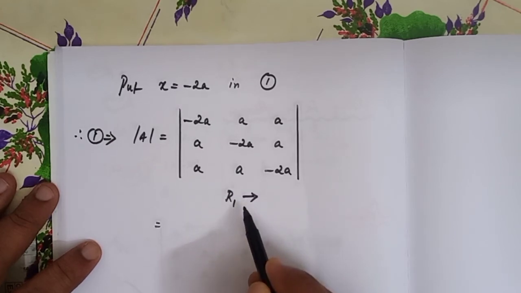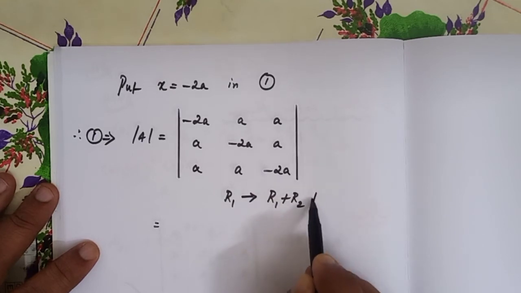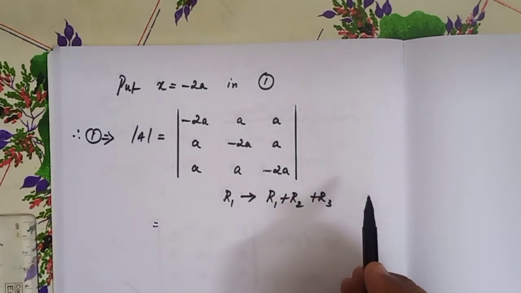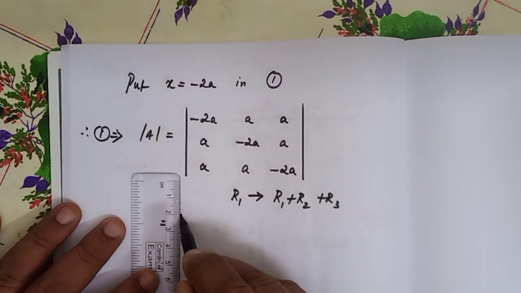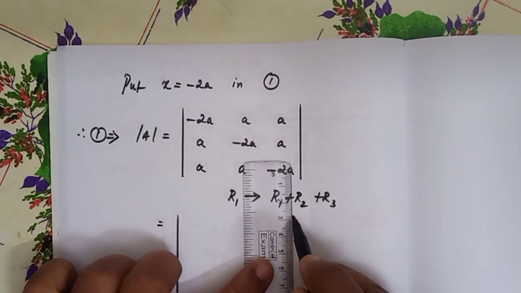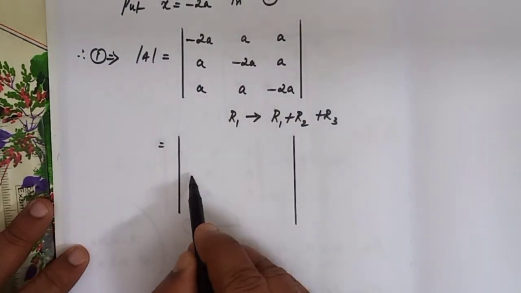I am changing R1. So R1 becomes R1 plus R2 plus R3. I am changing that R1 only, so no change to R2 and R3. Write R2 and R3 as they are.